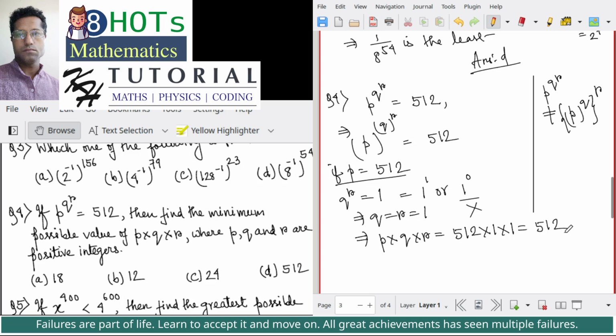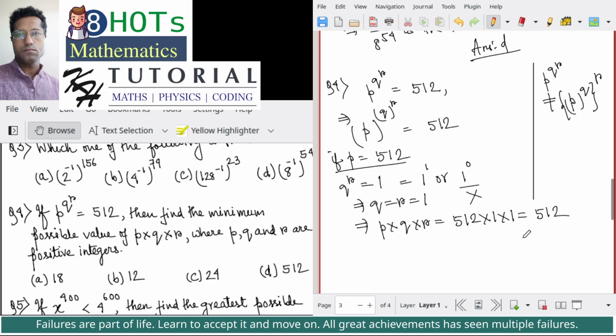So this is a possible value of p multiplied by q multiplied by r. Now at this stage I can clearly say that the answer will be 512. The answer will be choice D, because all other choices are less than 512.